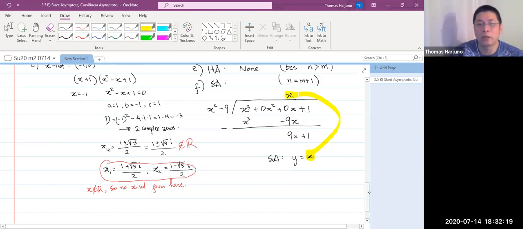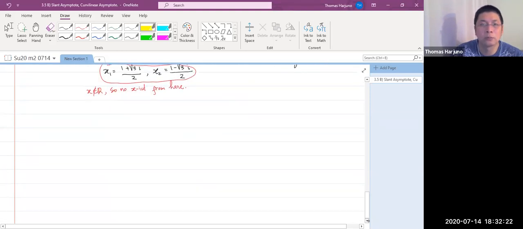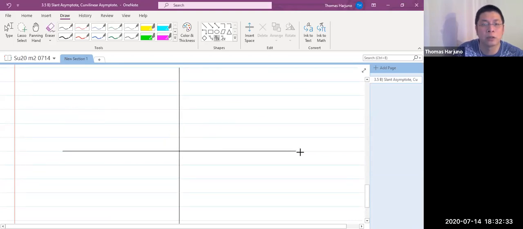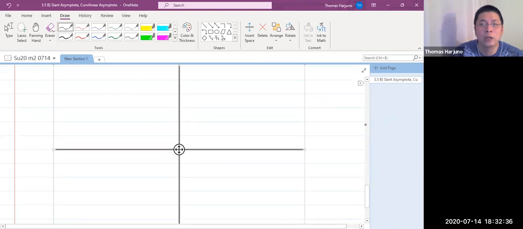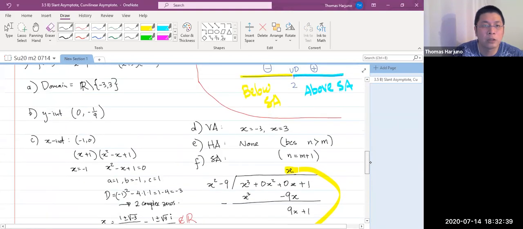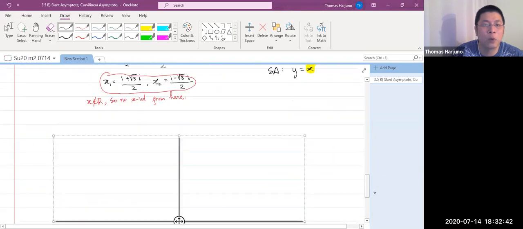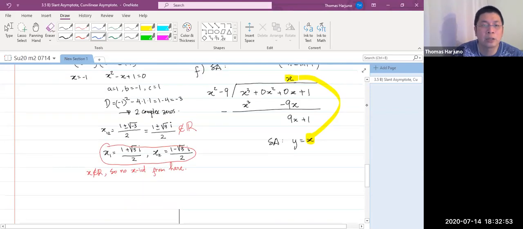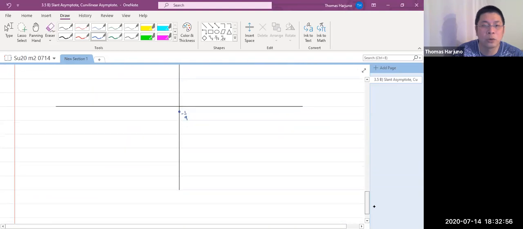Now we are ready to work this out. Let's say this is my coordinate system. Try to make it big. What are the x-intercept and y-intercept? The y-intercept is (0, negative 1/9), so slightly below the x-axis. The x-intercept is (negative 1, 0).